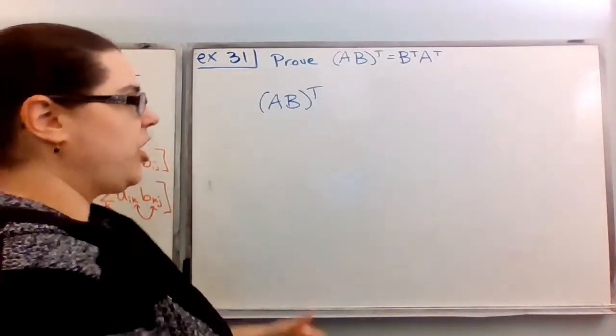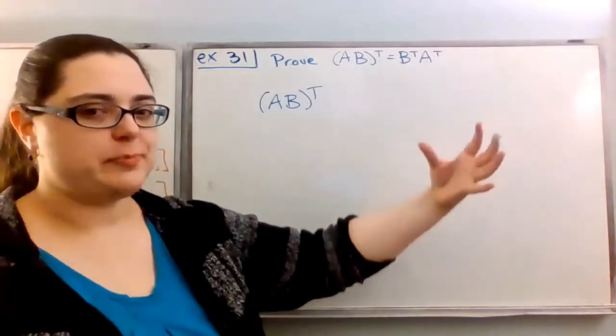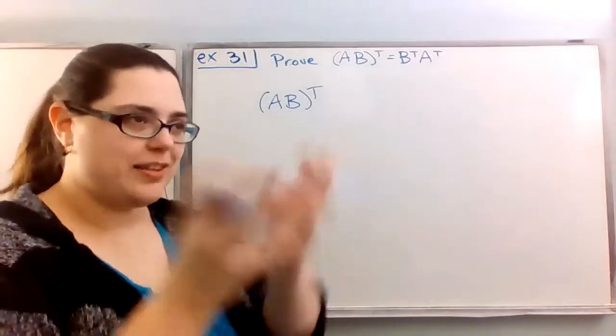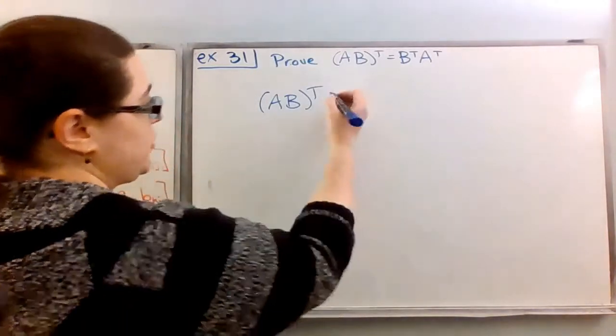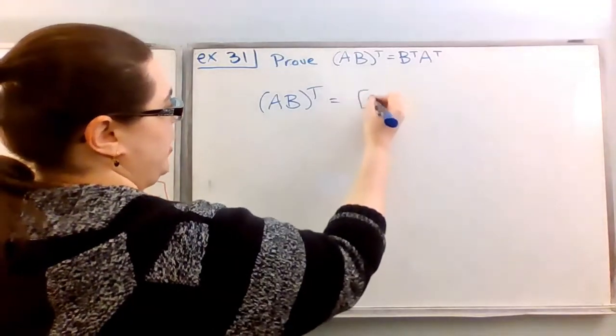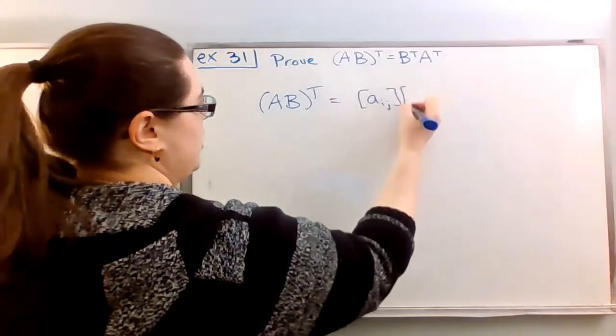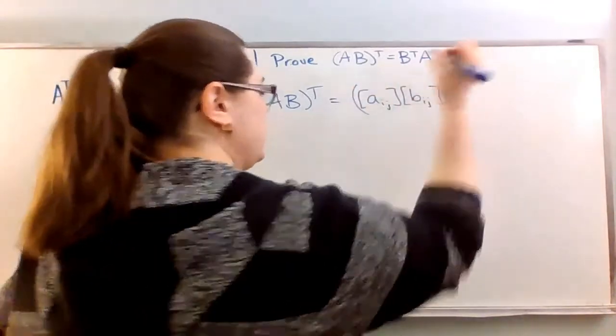Okay. Our process so far has been, we start out with our matrix notation, it starts out expanded, we condense it, and then we expand it back out again. So let's try that here. That was my first approach. So I said, okay, this is going to be (Aij times Bij) transposed.